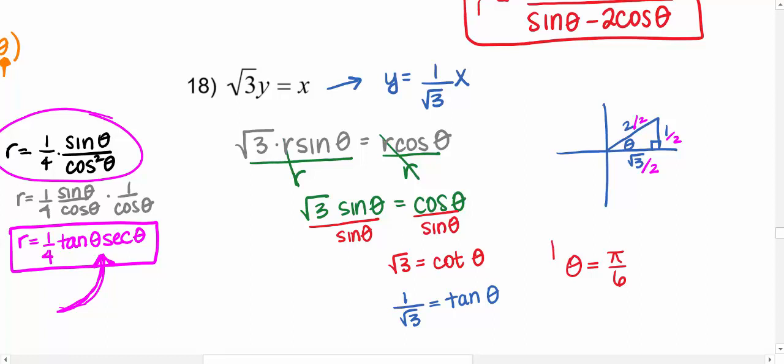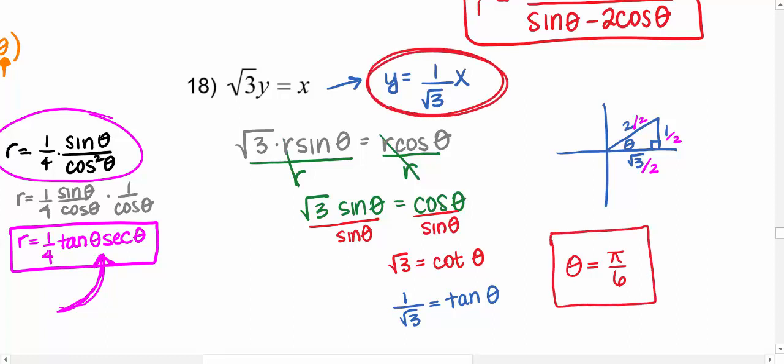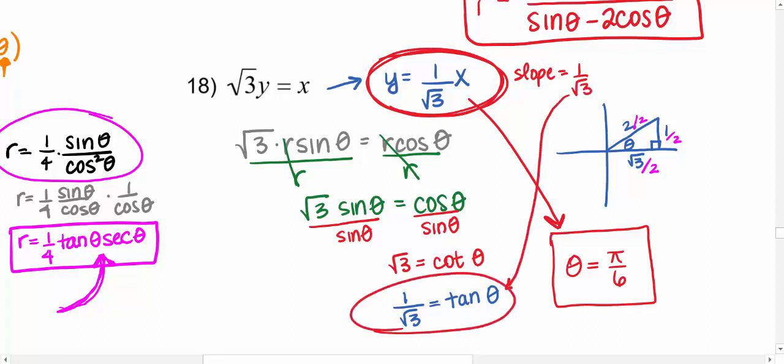And so there's my equation for this line, because remember we said if we just have a line with some slope, in this case it was 1 over square root of 3, I know my theta is pi over 6. So maybe I could have gone right from the beginning to that, because if the slope of this line is 1 over rad 3, it should make sense to you that the tangent of theta should be 1 over rad 3.